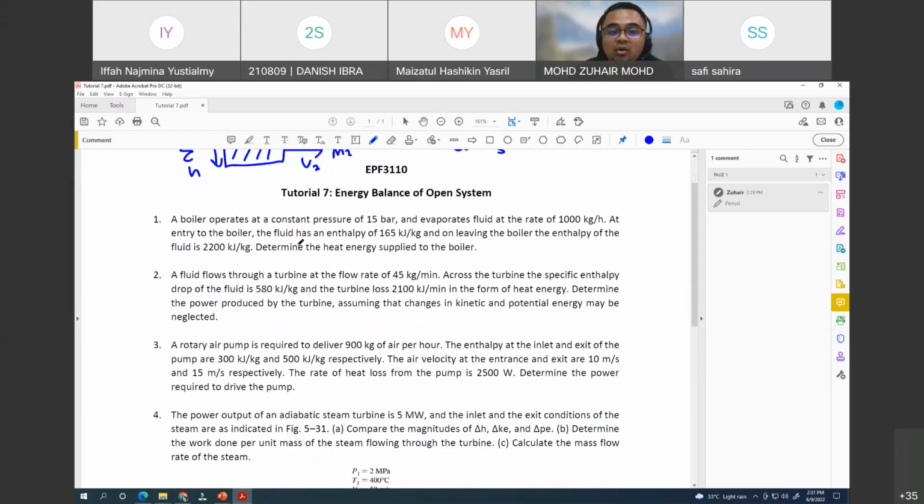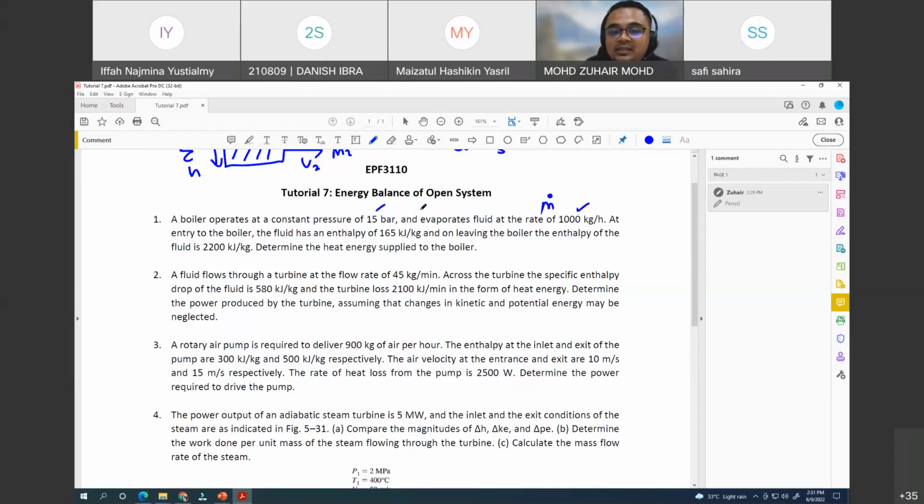A boiler operates at a constant pressure of 15 bar and evaporates fluid at the rate of 1000 kilogram per hour. So this is the mass flow rate. At entry to the boiler, the fluid has an enthalpy.